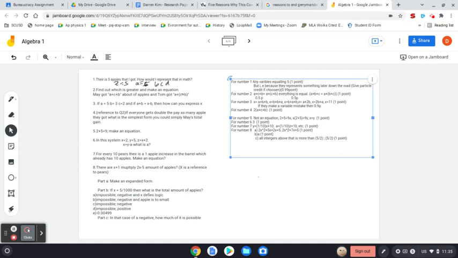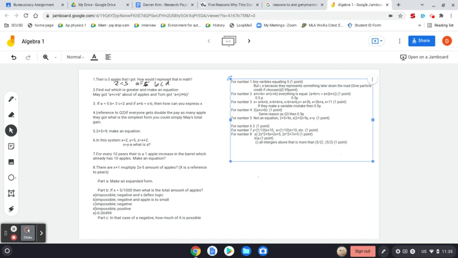Same reason as question 3, then 0.9p, because they're all 1 point. I don't really care.